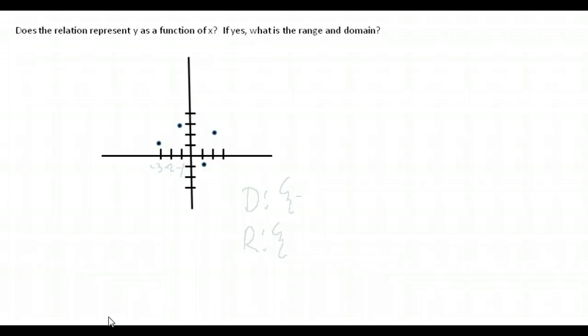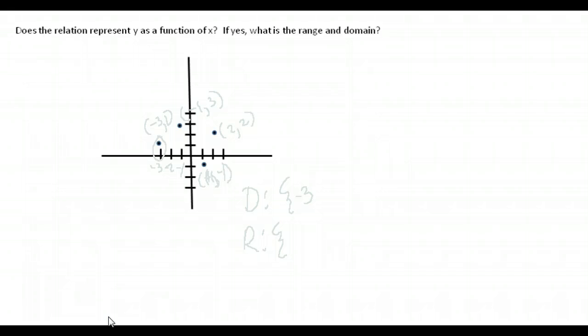But I have an x at -3, y at 1. This one was -1, 3. This is at -1, -1. And this one is at 2, 2.